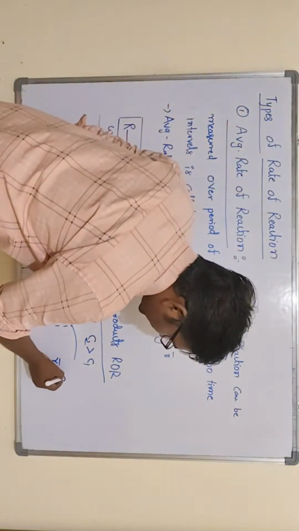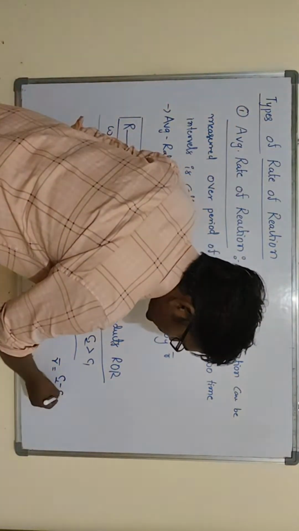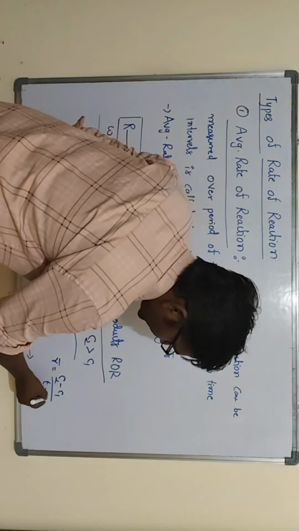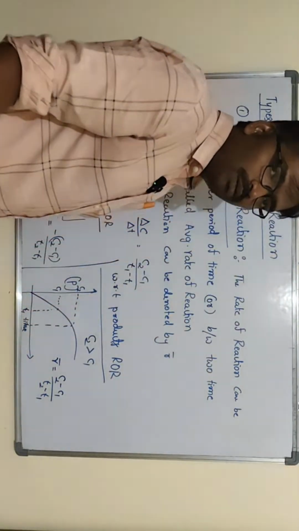Simply take C2 minus C1 divided by T2 minus T1. Understand, my dear students?